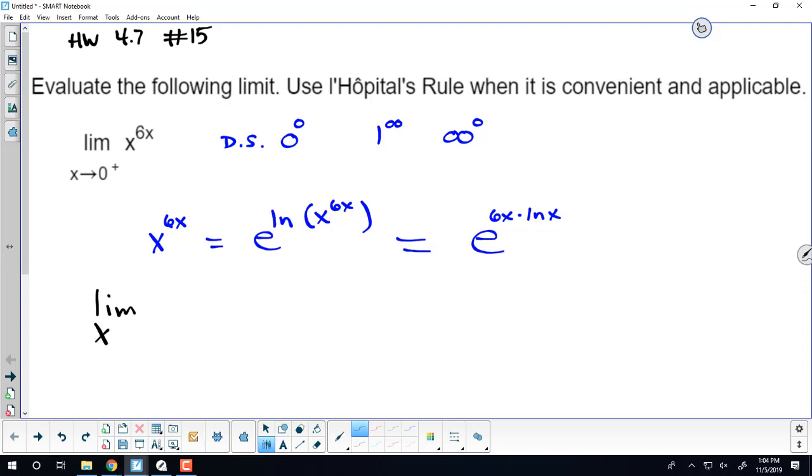So remember, the limit of an exponential is the same thing as e to that power, but the limit is operating on the power.